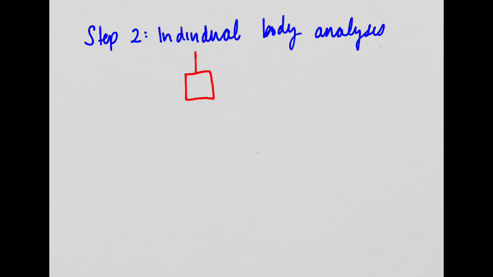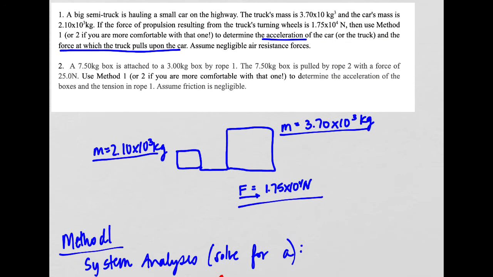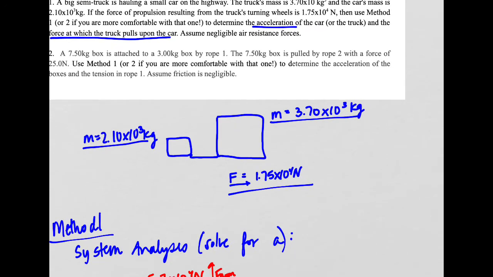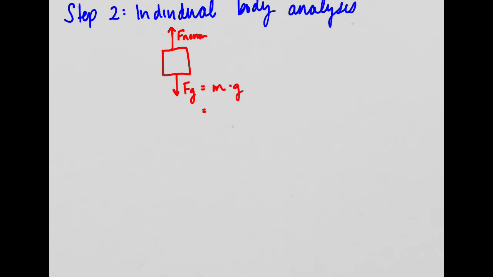Okay, so let's write all the forces. Normal force, gravitational force. We're going to solve for gravitational force. Remember the mass of the car. What was the mass of the car? 2.10 times 10 to the 3 kilograms. So we have 2.10 times 10 to the 3 kilograms times 9.8 newtons per kilogram.